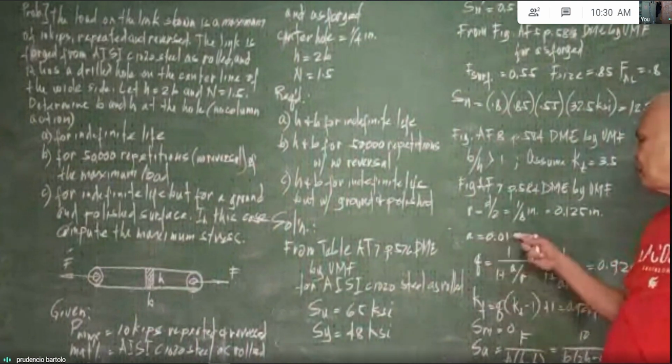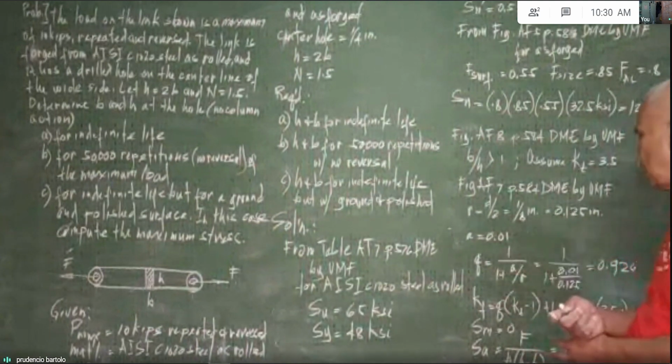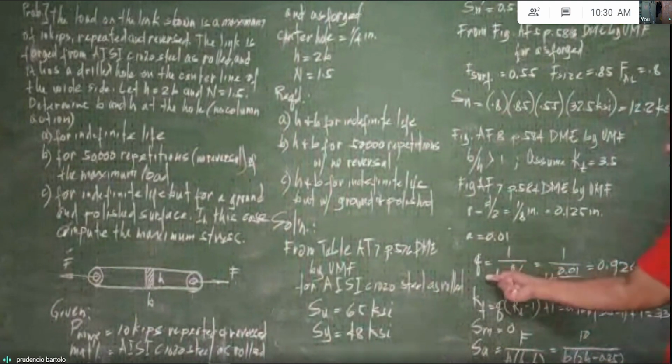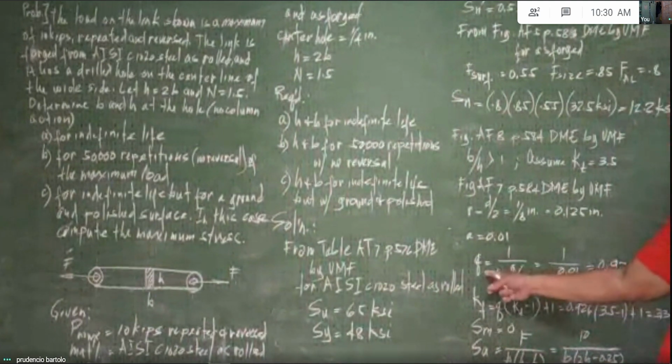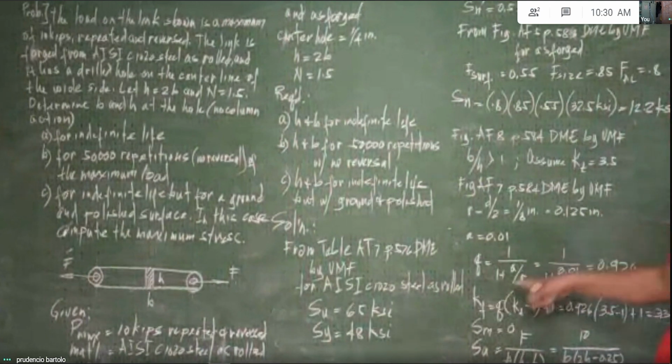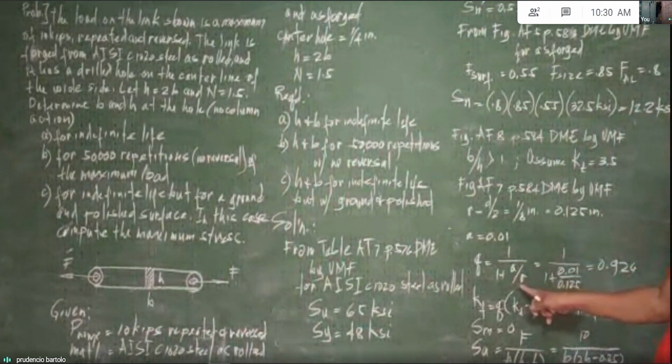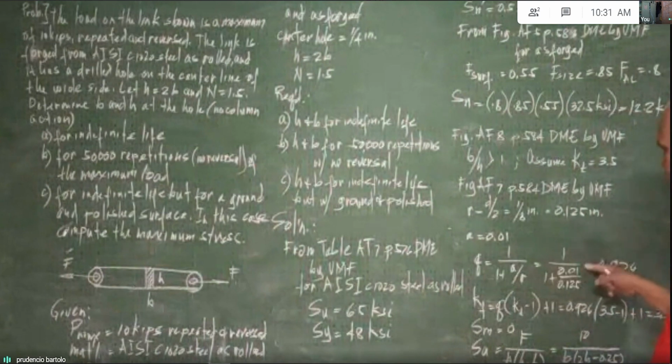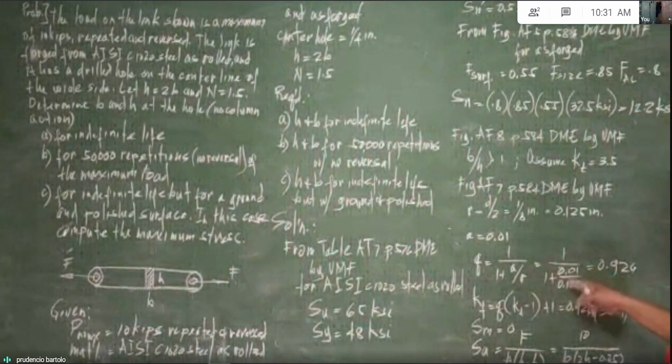The value of a is taken at 0.01. So we will consider the notch sensitivity factor q equal to 1 over 1 plus a over r, or 1 over 1 plus 0.01 over 0.125.